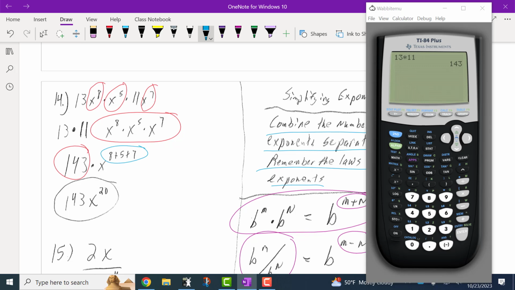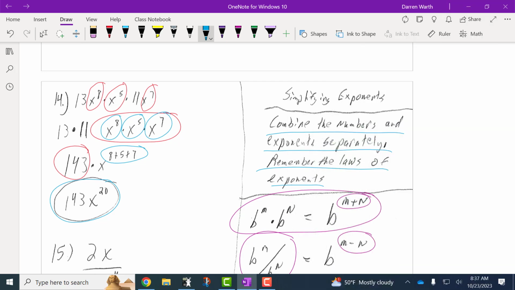This actually means I've got 8 x's, 5 x's being multiplied, and 7 x's being multiplied. If you add those together, 8 plus 5 is 13, and 13 plus 7 is 20. Now you've got 20 x's being multiplied together. So therefore your answer is going to be 143 x to the 20th.